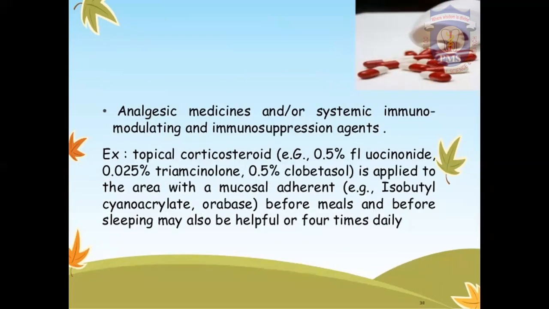For example, topical corticosteroid, that is 0.5% fluocinolone or 0.025% triamcinolone, is applied to the area with a mucosal adherent like isobutyl cyanoacrylate or orabase before meals and before sleeping. This may also be helpful if applied 4 times daily.